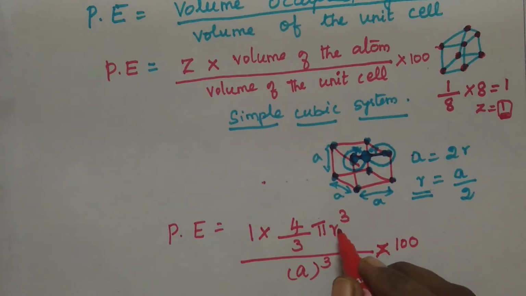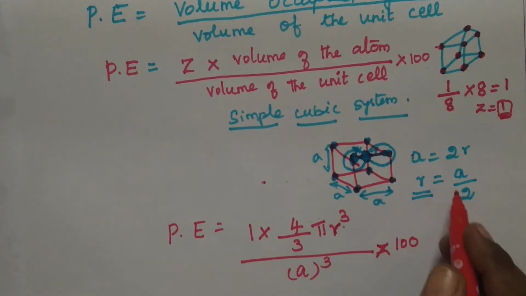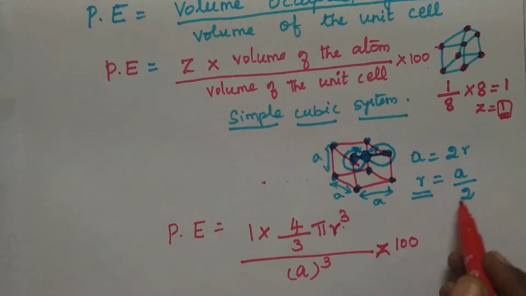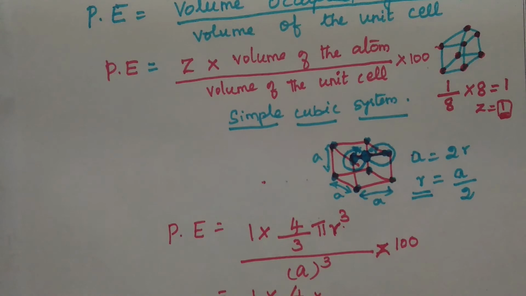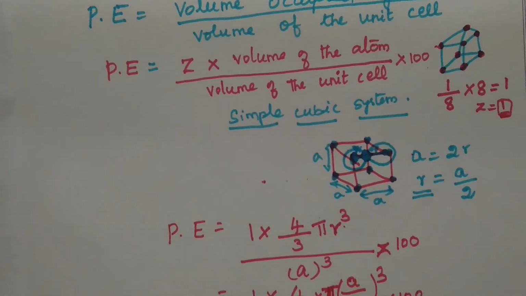I can write down this R cube as A by 2, A by 2 the whole cube. Then if I calculate that value over here, 4 by 3 into pi, by A by 2 the whole cube by A cube into 100. So what happened?